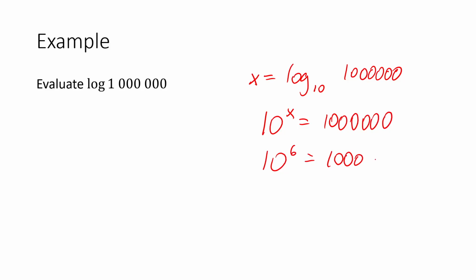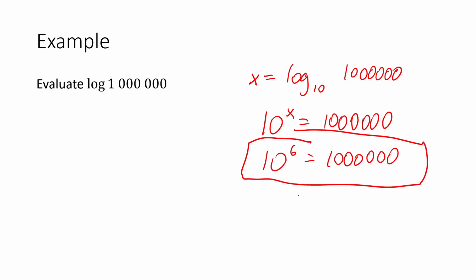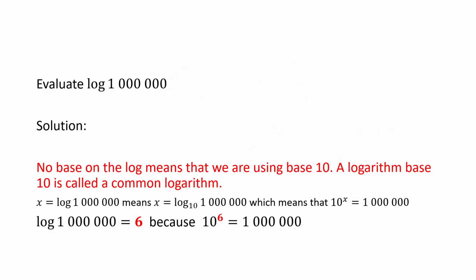In other words, 10 times 10 times 10 times 10 times 10 times 10 is 1,000,000. So since 10 to the 6 is equal to 1,000,000, therefore the log base 10 of 1,000,000, or just the log of 1,000,000, is 6. And again, remember, when you see that word log and there's no base, the base is assumed to be 10. Okay, and there's the thinking.